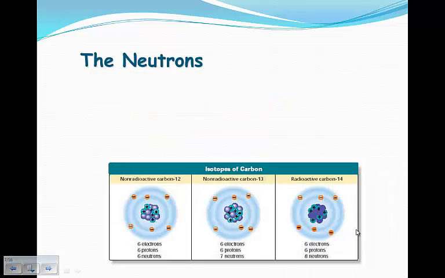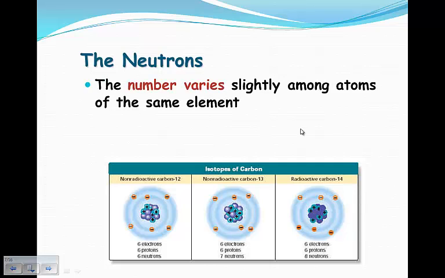The number of neutrons varies slightly among atoms of the same element. So we still have carbon, because carbon is defined by having 6 protons. If it has 6 protons, it has to have 6 electrons in a neutral atom.